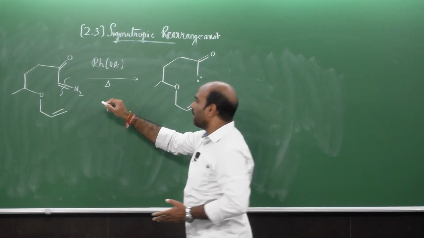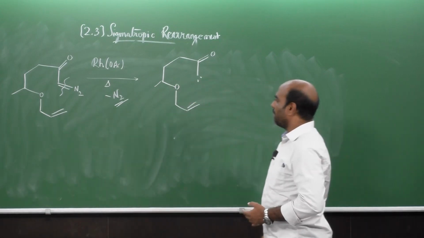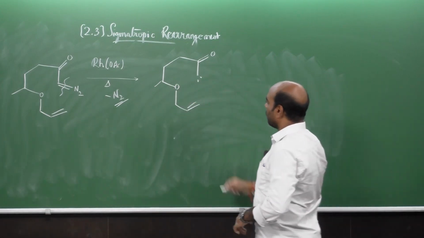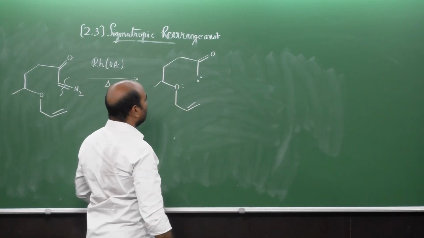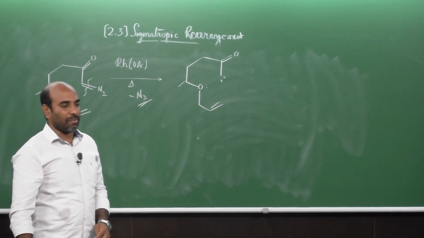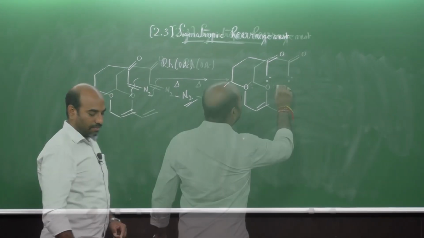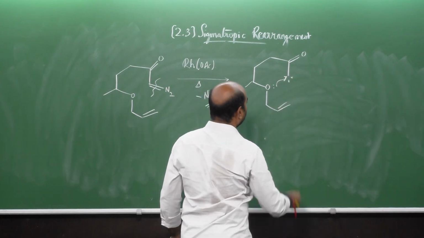It is losing a nitrogen and then you are able to see the carbene here. Oxygen already has a lone pair of electrons. Now this will undergo the 2,3 sigmatropic rearrangement reaction. The carbenes are electron deficient, so it attacks over here.